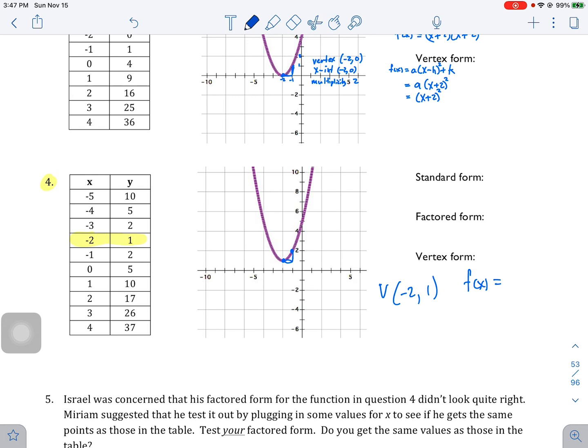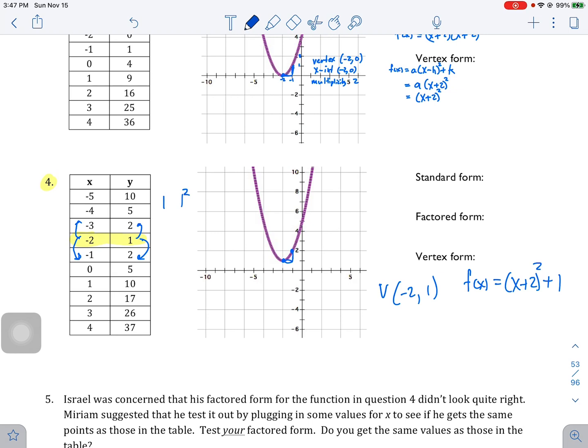When you go up by 1 in x, y increases by 1. Or if you go back by 1, y increases by 1. And that's similar to 1 and 1 squared, so there's no stretch, right? So a equals 1. So now we can write our function x minus h, which is -2, so that would be x plus 2 squared, plus k, which is 1. Okay, so now that's our vertex form.